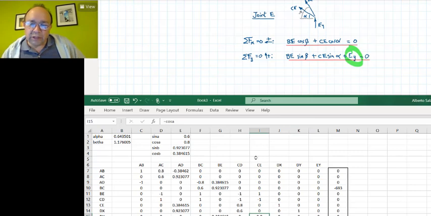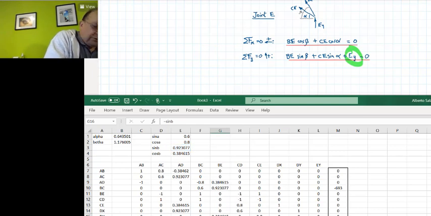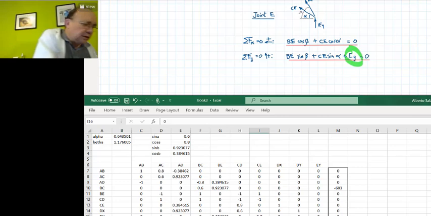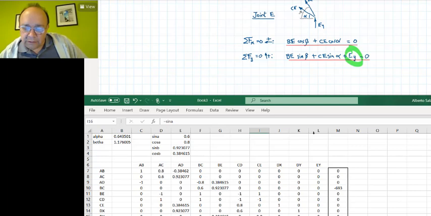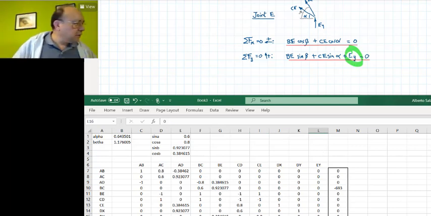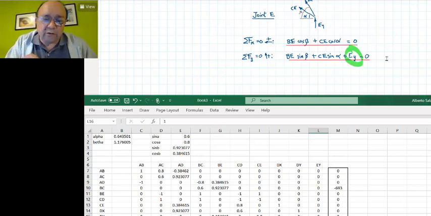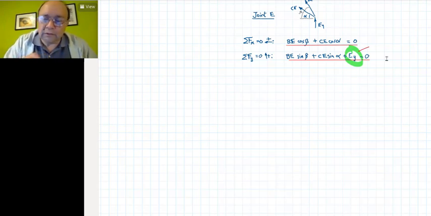And then the last one, BE sine beta equals sine beta, CE sine alpha equals sine alpha, and then EY times 1, and 0 on the other side of the equation. Actually, this is an unequal sign here.